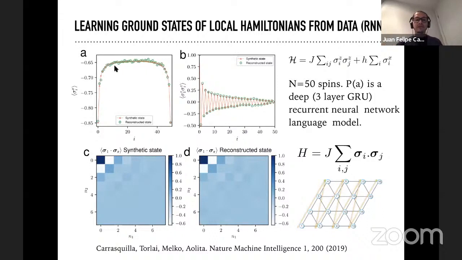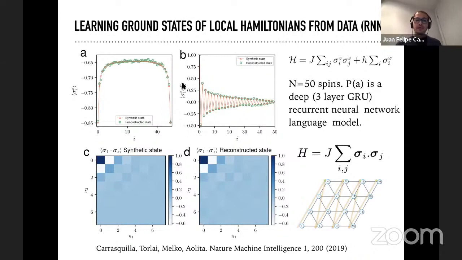And the green are correlation functions obtained from our recurrent neural net wave function or language model that we use for the reconstruction. As you see, there's a good agreement between the expectation value of the sigma x operator at the different sites along the 50 spin chain. And so there's a good reconstruction accuracy, as you can see from the correlation functions.